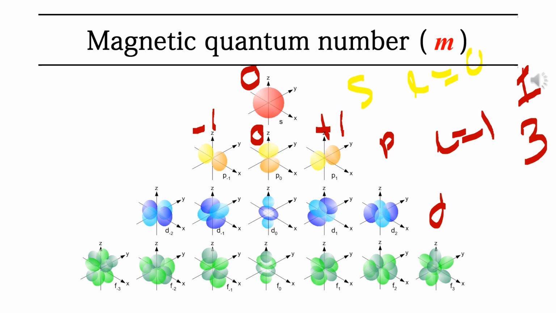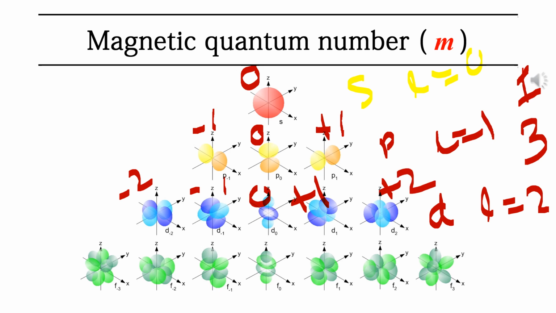For d orbitals, that means L is 2. How many magnetic quantum numbers can exist? 5. How can we give these numbers? 0, -1, -2, and +1, +2.